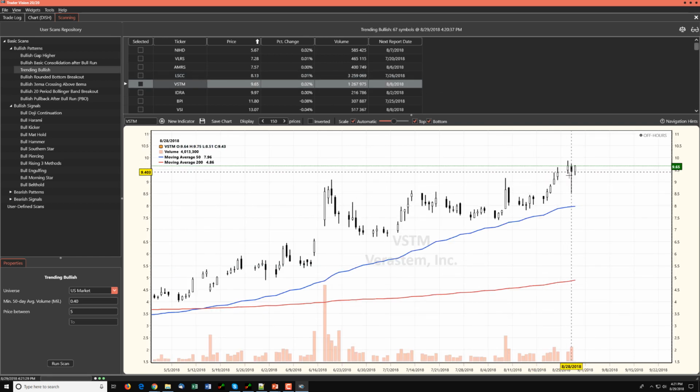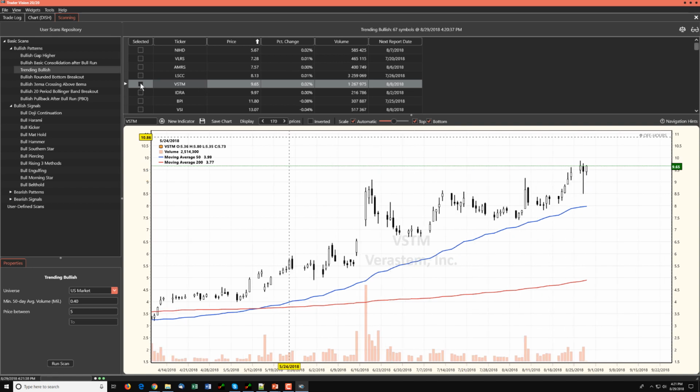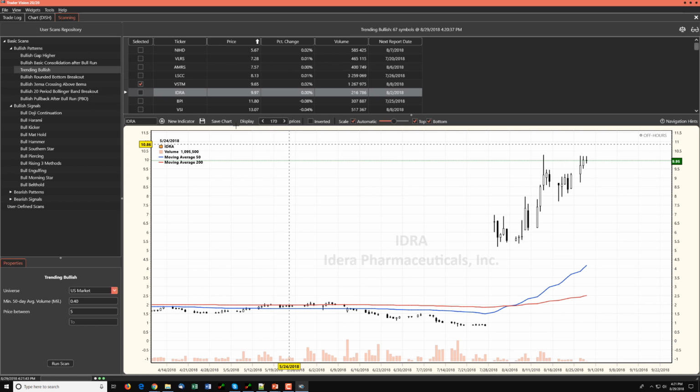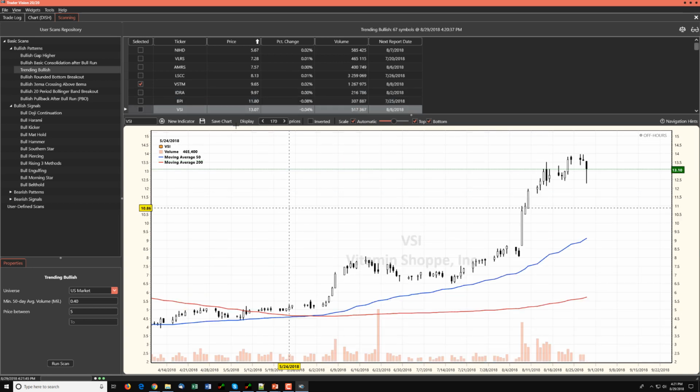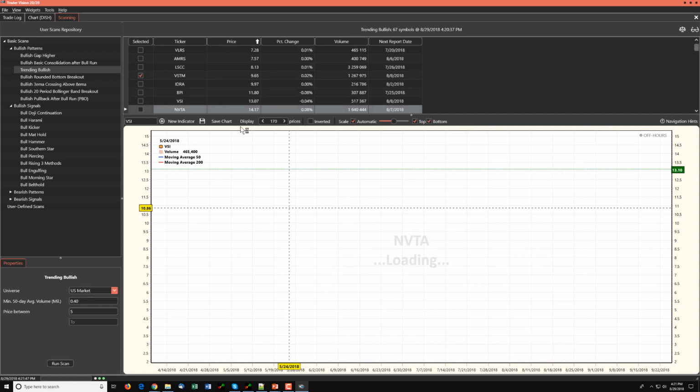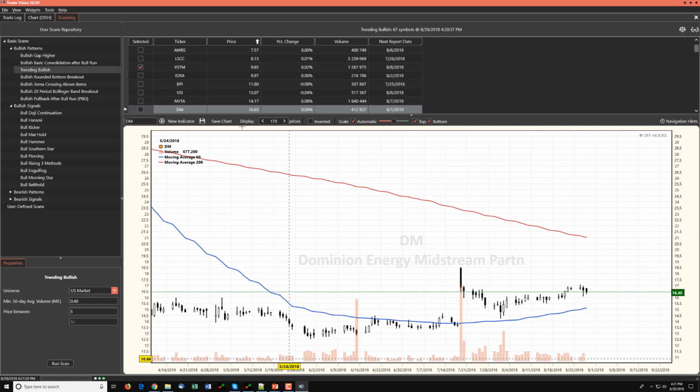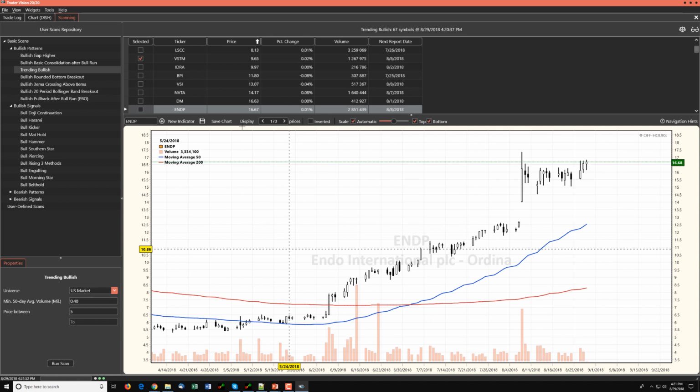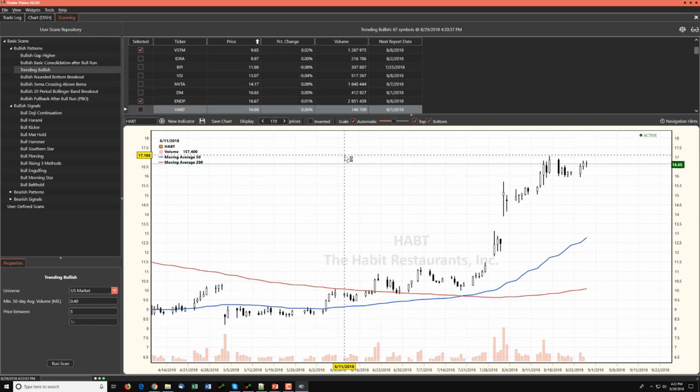We've got a nice bullish engulfing here within a nice trend at a high level. That one might be something that we might be interested in looking at. I like this one a lot, NP. I like Habits, restaurants, I guess it is.